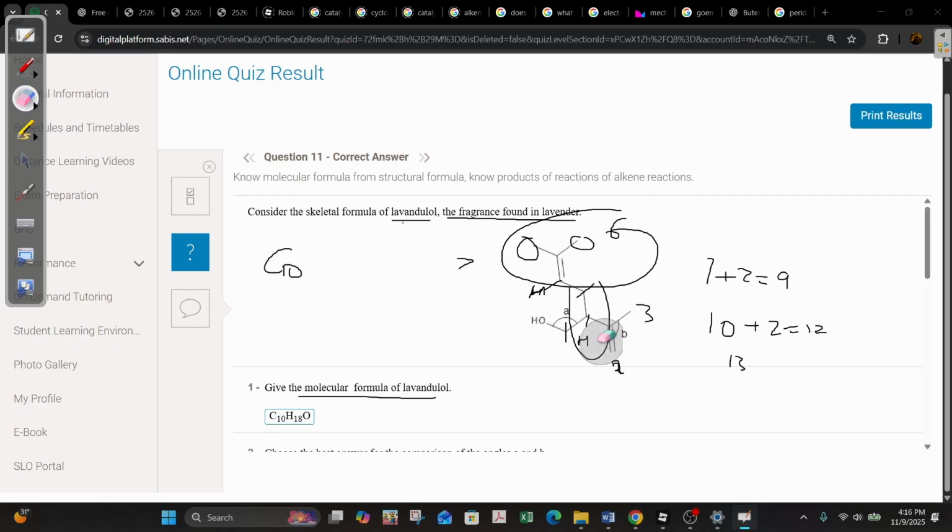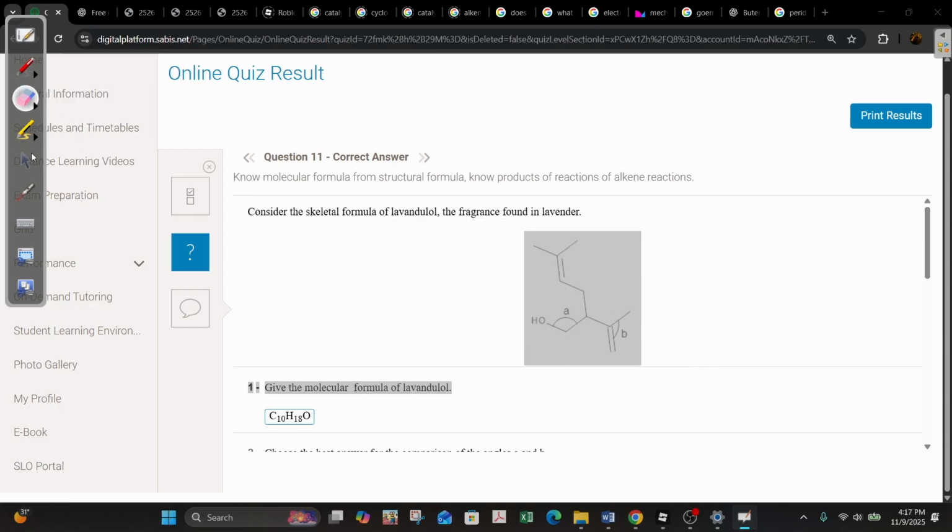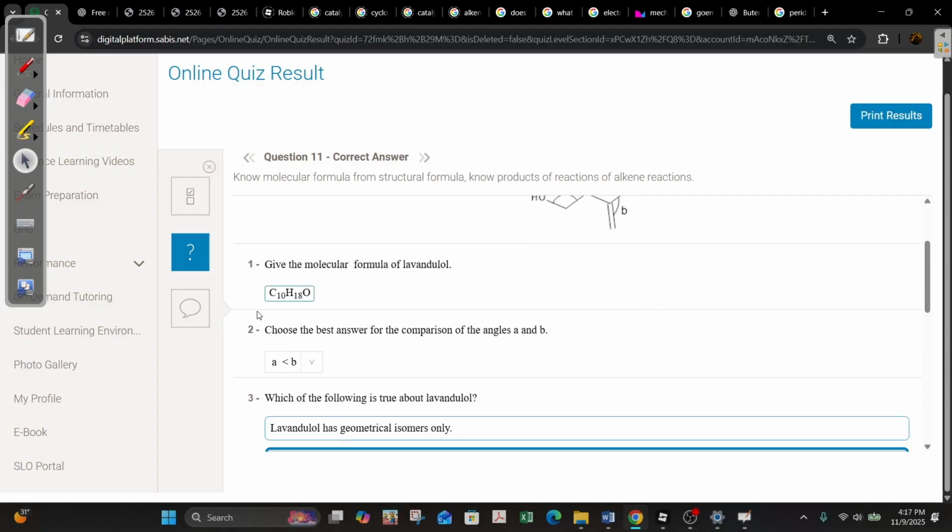And then this one is 13. 13 plus... 16 plus 2 will give you 18. Okay, there we go. I forgot to count the hydrogen in the OH group. Nice. And then there's one oxygen as well.